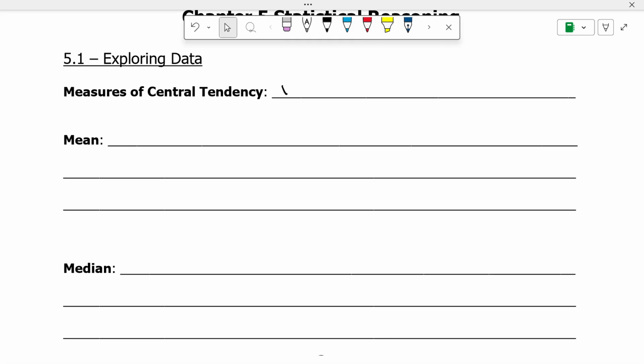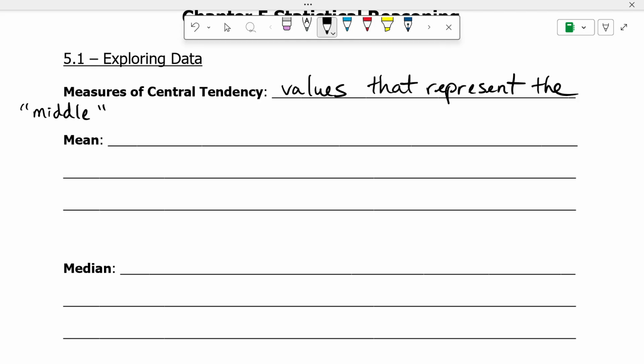Well, measures of central tendency are values that represent, I'm going to put this in quotes because it can mean more than one thing, the middle of a set of data, which is a set of numbers. Okay? And the 3 measures of central tendency are the next 3 definitions on the list. Mean, median, and mode. The 3 M's.